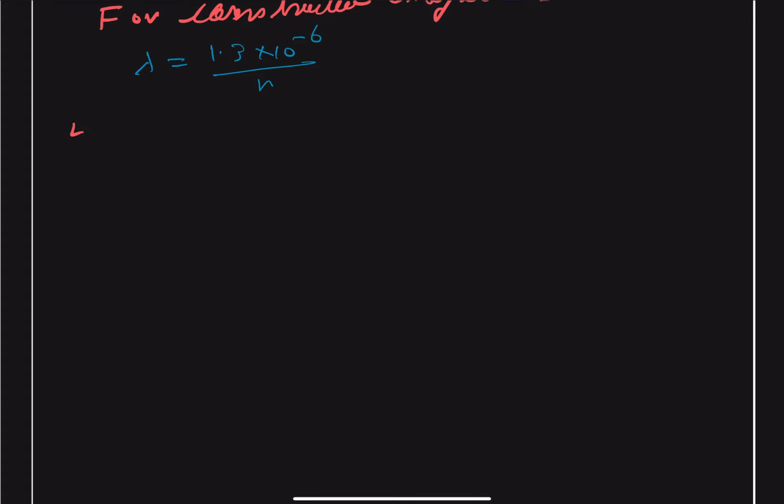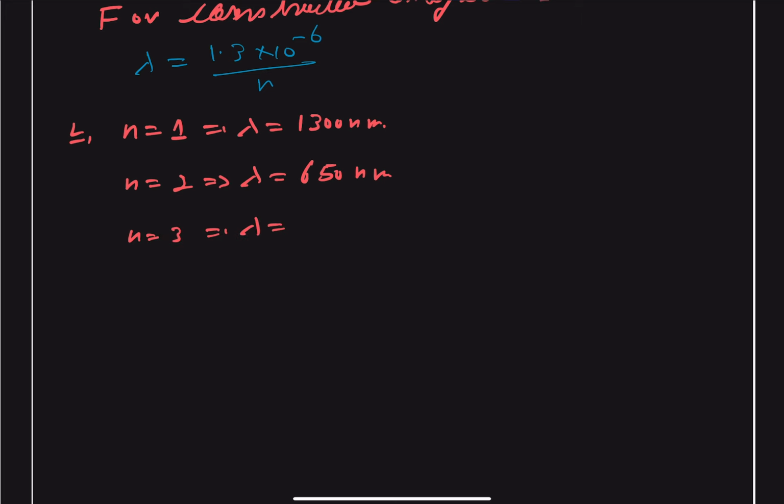So we can say that for n equal to 1, this gives us lambda is equal to about 1300 nanometer. For n is equal to 2, lambda will be equal to 650 nanometer. For n is equal to 3, lambda is equal to 433.33 nanometer.